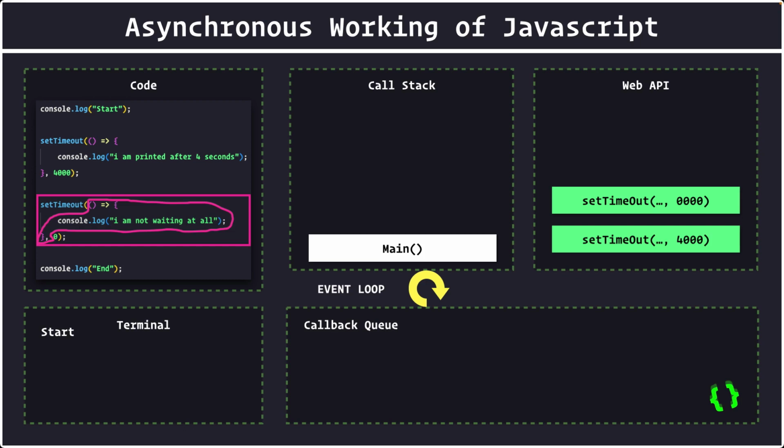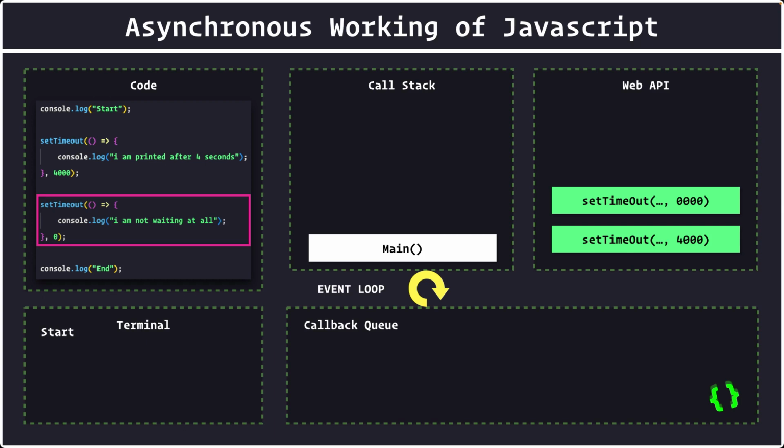Well, this is where the callback queue and the event loop down below come into play. The job of the callback queue is simple. Its job is to maintain a list of all the callback functions that are ready to get executed. So when a given event is done, in this case when the 0 seconds timer is complete, that callback function, the function we defined right here, is going to get added to the callback queue, which is just a standard line.